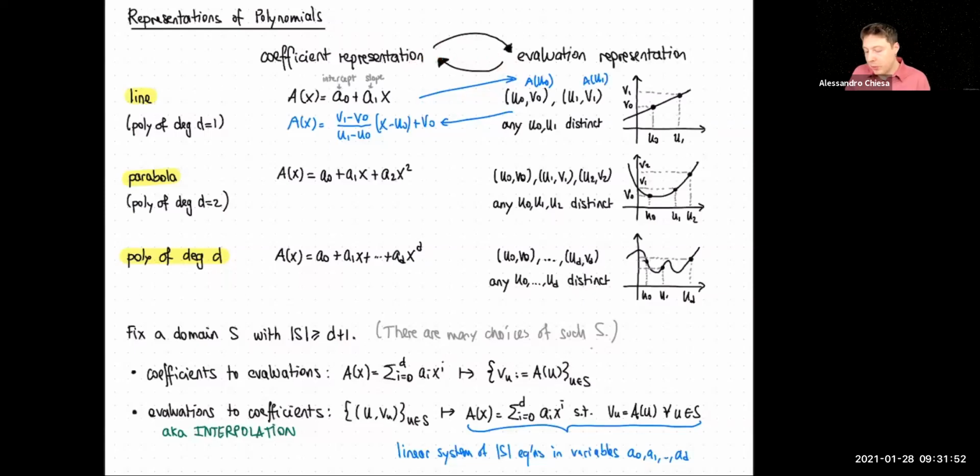And we will choose S. So we can shoot ourselves in the foot and choose S that is enormous, and then our algorithm efficiency will go out the window. But we will deliberately pick S to be at least d+1 and not much more than d+1. Okay. We have a lot of leeway on what S is.